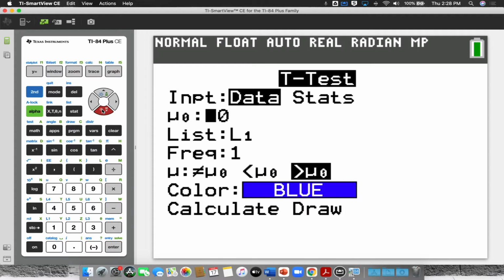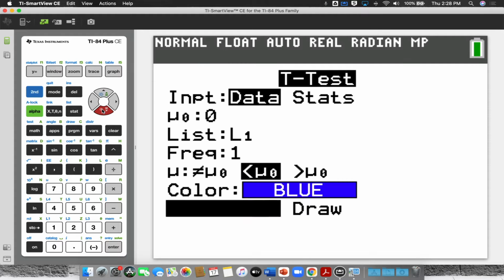So what's the claim here? What do we put for the claim? 0. L1 is where my data is. Frequency, just leave it as 1. We chose less than. It's supposed to be negative, right? Yes. Calculate.